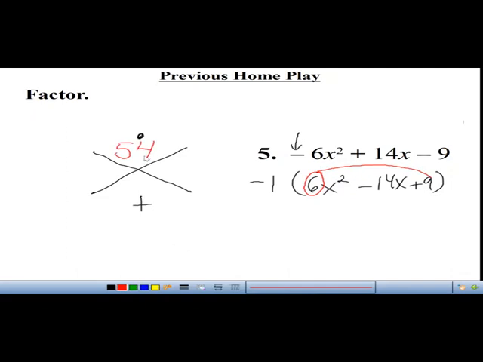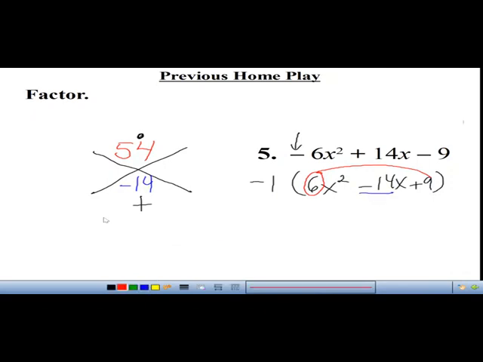Be careful with those, guys, because some of you ran that stop sign. And then the middle term goes on the bottom, -14. That's always right there.